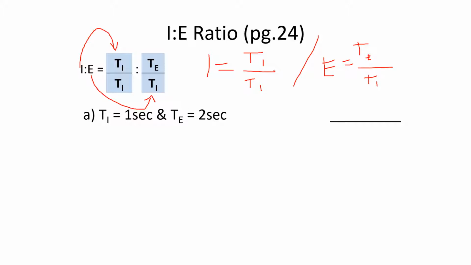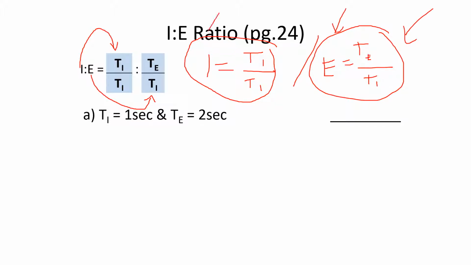So that's the same thing. Sometimes we'll just use this portion of it, sometimes we'll just use this portion, depending on what's given. Here we got TI and TE. So let's just plug in this guy, solve for this guy, because we know this ratio is always going to be 1. So there you go. Plug it in. Really, you don't have to do this one. That's extra work. Just do the second one, and you're good to go.